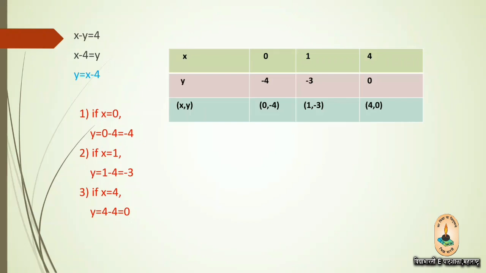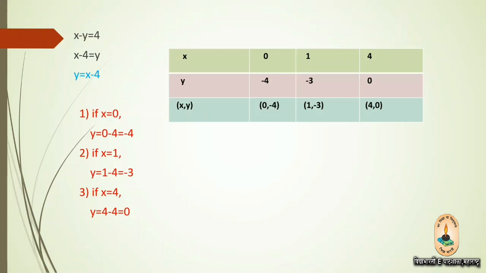For x equal to 0, we get y equal to -4, and therefore the order pair is 0, -4. For x equal to 1, y is -3 and the order pair is 1, -3.